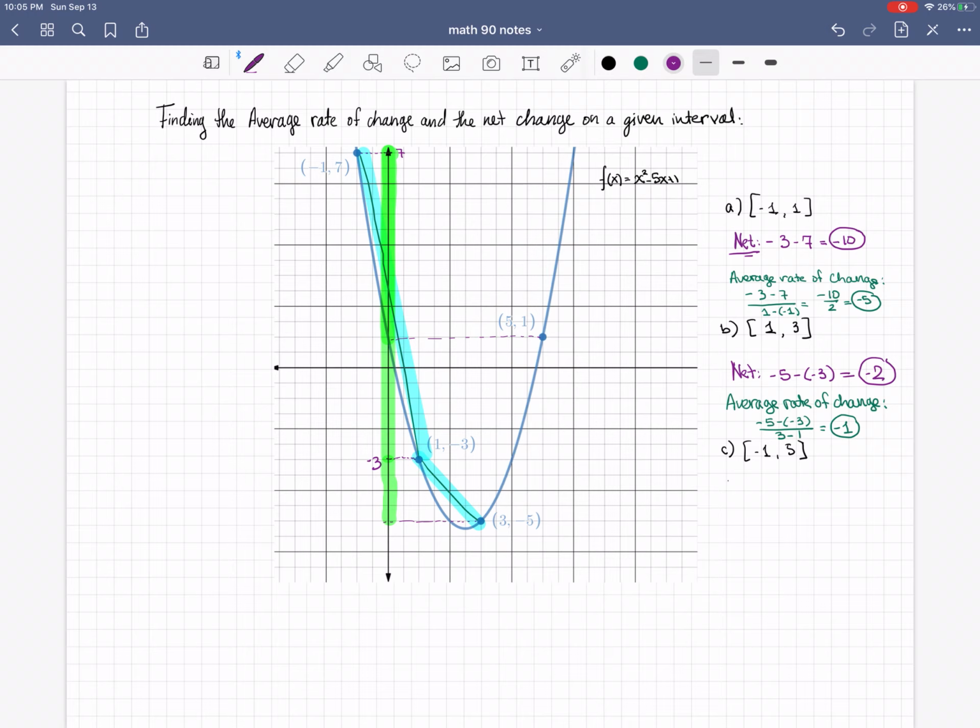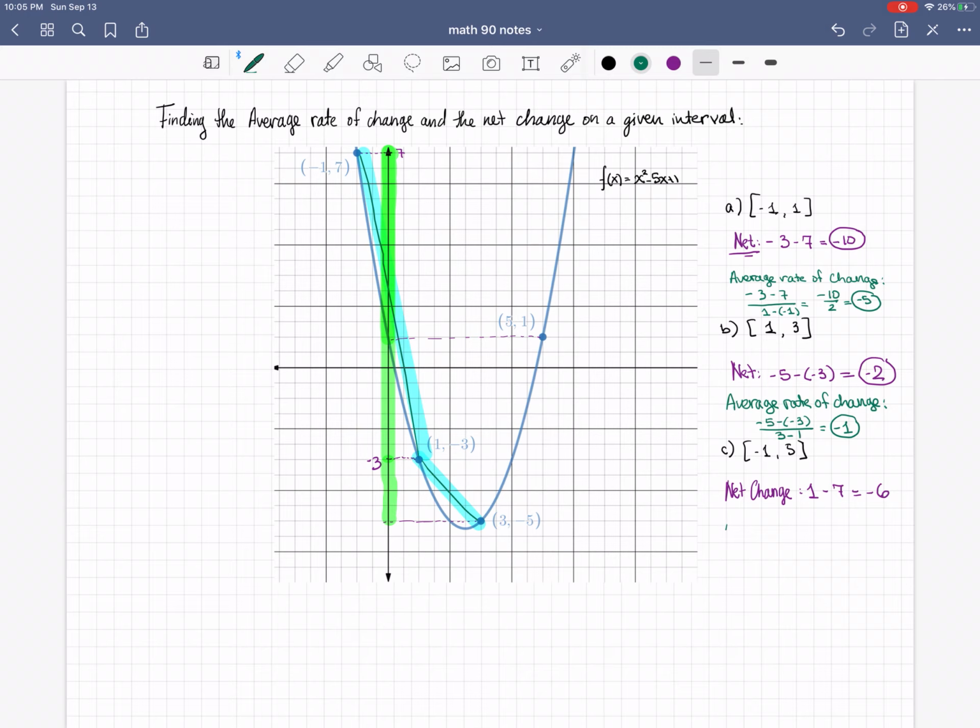So the net change here, the value of the function was 7 at -1, and it's down to 1 by the time that x is 5. So the net change is -6, okay? Because again, you're comparing where you ended up to where you started.